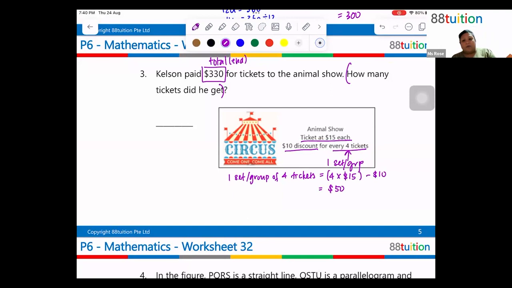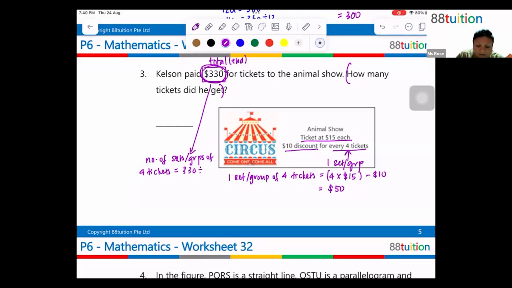So if one set of 4 tickets costs $50, we need to first find out how many groups this $330 can buy, because we want to spend as little as possible. Now, if Kelson spent 330, the number of sets or groups of 4 tickets will be how many?